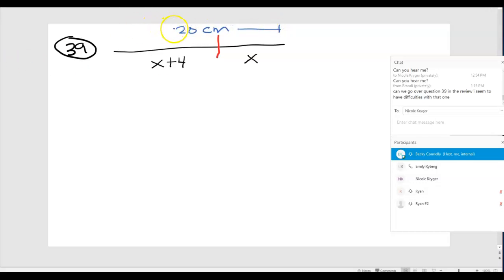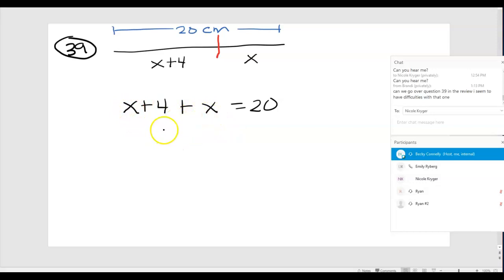So to set this up in equation form, you'd say, I know that X plus 4 plus X, both parts of the piece of wire, have to equal 20 centimeters. And then I can combine my like terms and solve from there.